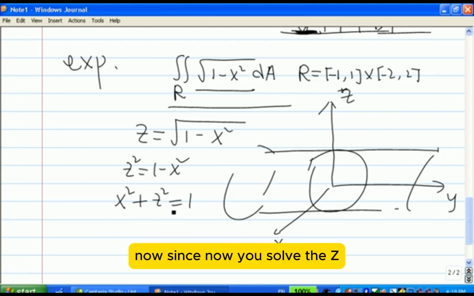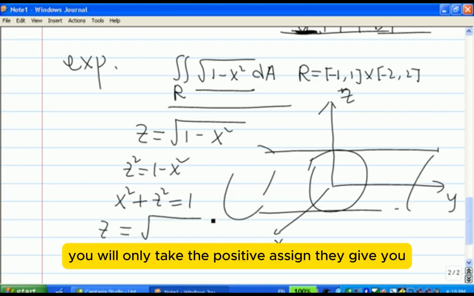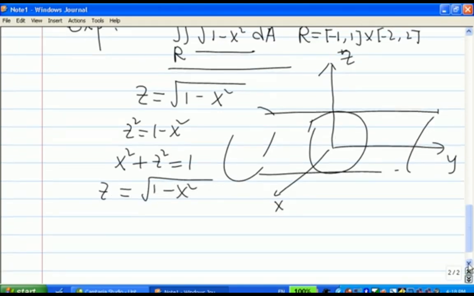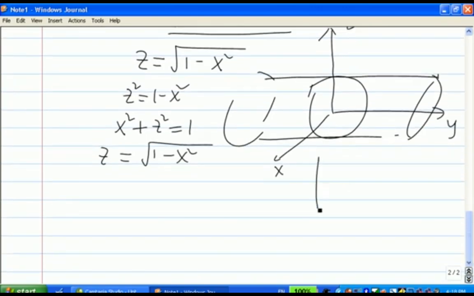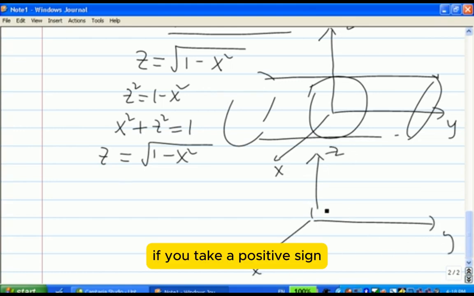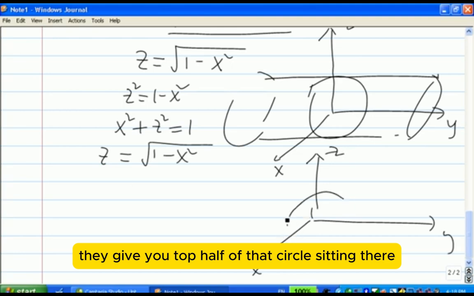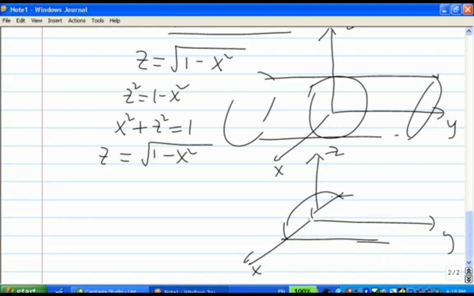Now, since we solved for z, if you only take the positive sign, in x, y, z, it gives you the top half of that circle as a cylinder. Like that.